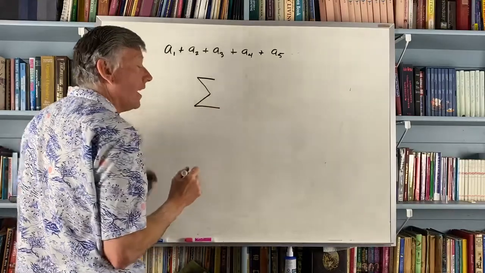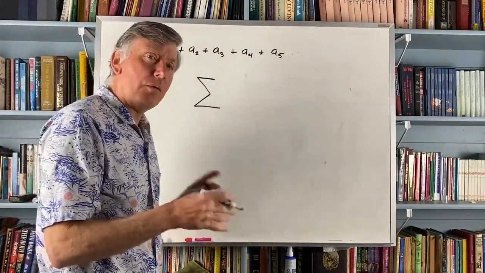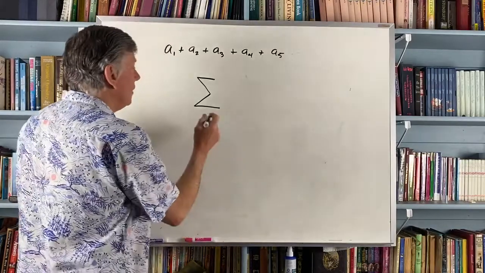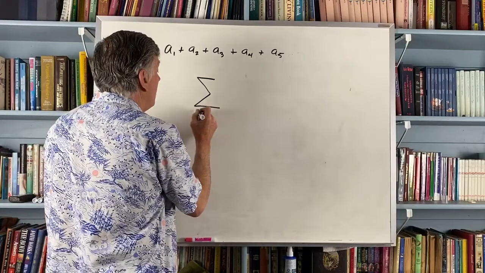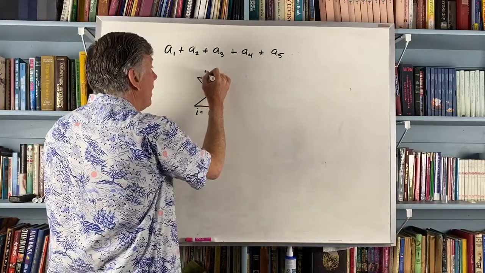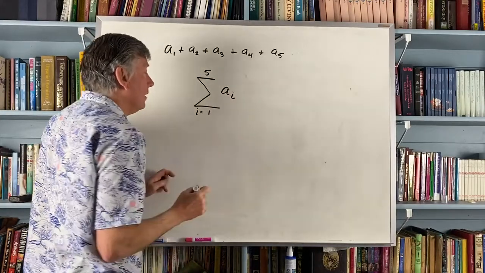the Greek capital letter sigma, for sum. They always like to have the letters start with the same kind of sound, sigma, and they go i equals 1, in this case, to 5 of A sub i.